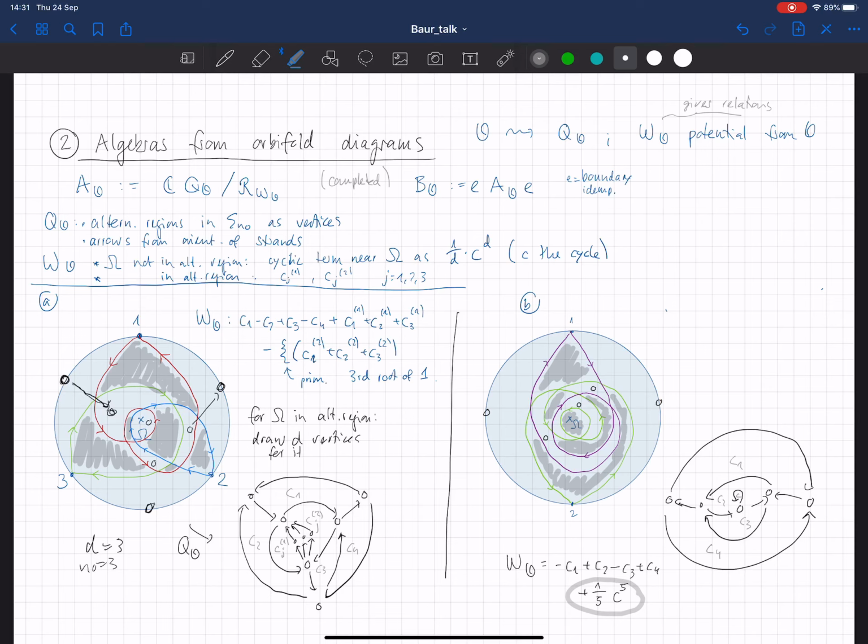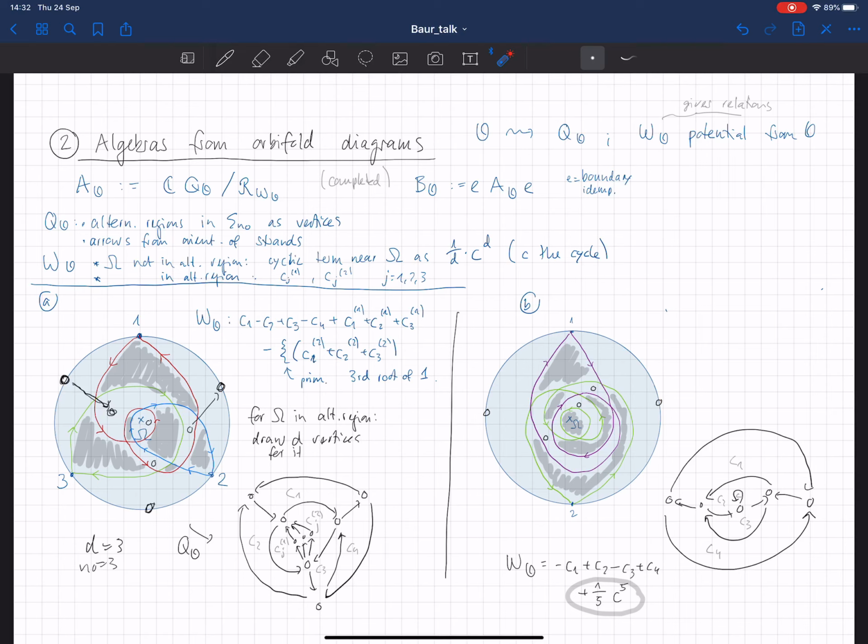We take that to the power of D and 1 over D. Okay, so that gives me an element in the path algebra, really. The relations it defines can be viewed on the quiver, like whenever I have an internal arrow far away from the center, it means that if we go backwards one way, it should be the same as backwards the other way. And then it's slightly different around the central region.